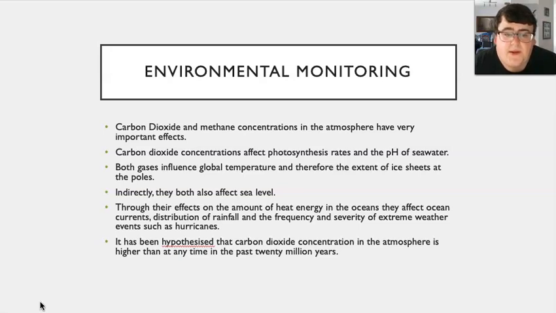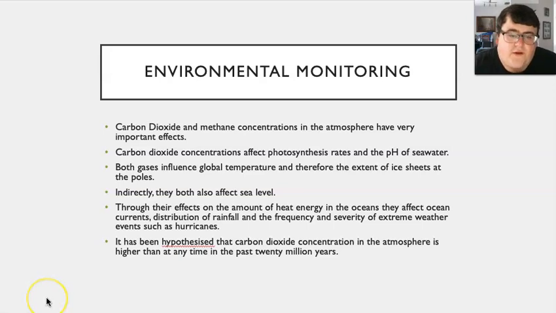Okay, both carbon dioxide and methane will influence global temperature, as well as the extent of ice sheets at the different poles, north and south, and indirectly because of that will also affect sea level. If there are fewer ice sheets, more is formed as water, which means there's higher sea level.